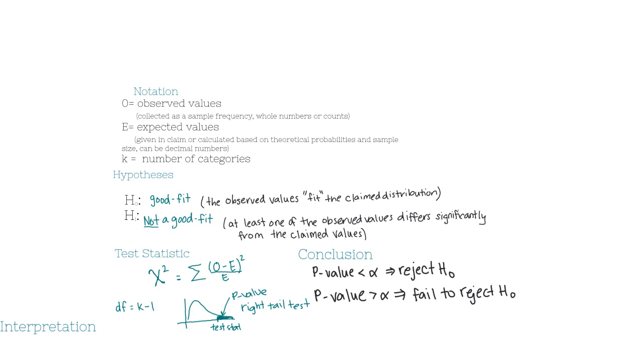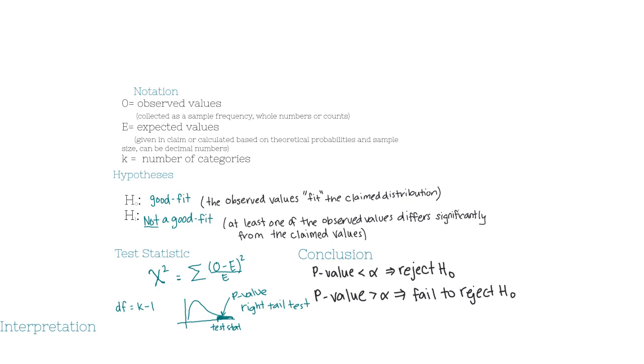What is a little bit more simple to understand about this test is since our null and our alternative hypotheses will always remain the same in a goodness of fit test, we can word our interpretation the same for whether we reject or fail to reject the null hypothesis. If you are going to reject the null hypothesis, you're rejecting this statement right here that you have a good fit. And if you are going to fail to reject the null hypothesis, then you are not rejecting a good fit.